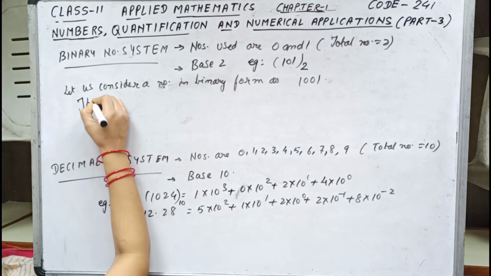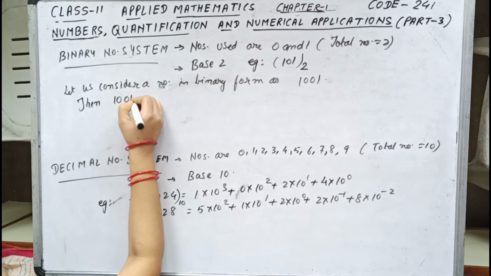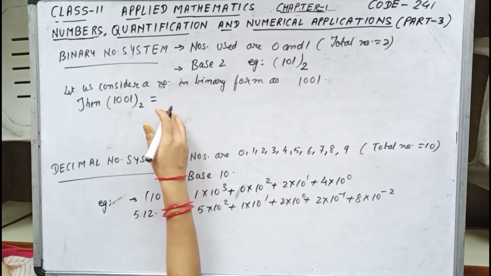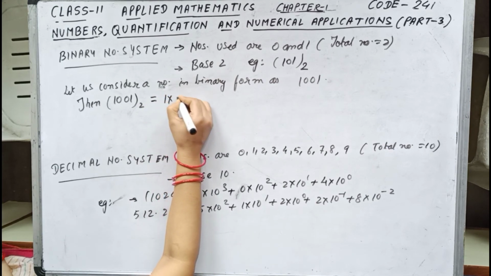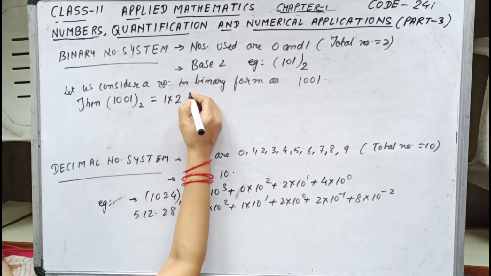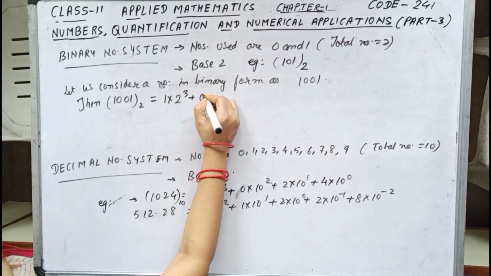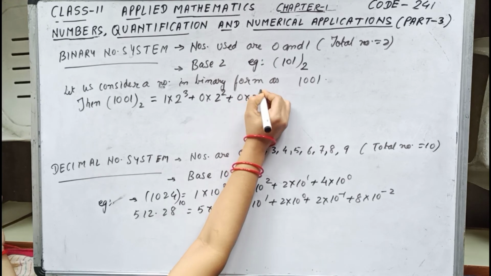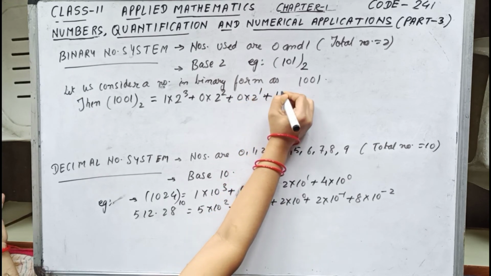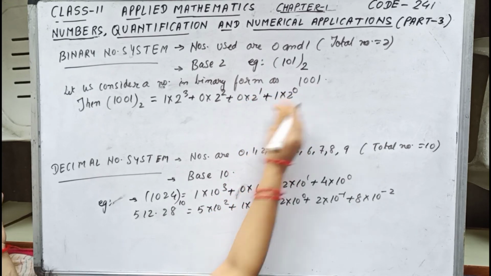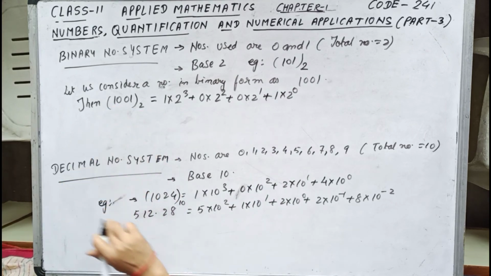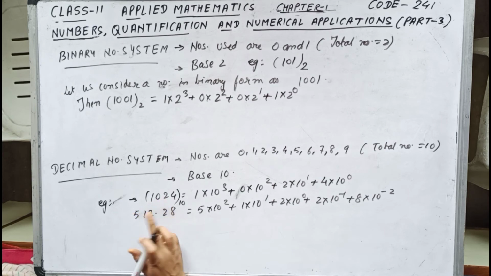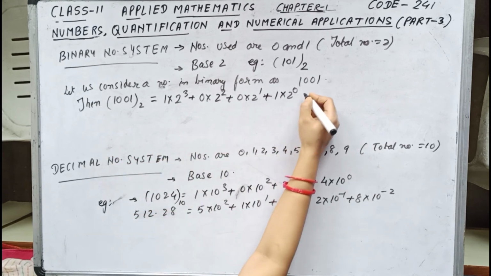Then 1001 base 2. Over here it is in the binary system. Now this I can write as 1 into 2 power 3 plus 0 into 2 power 2 plus 0 into 2 power 1 plus 1 into 2 power 0. Over here the powers are 0, 1, 2, 3. Similarly over here 10 power 0, 1, 2, 3. Here also the same thing.